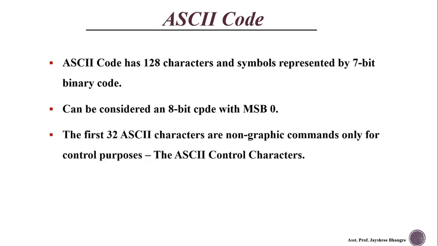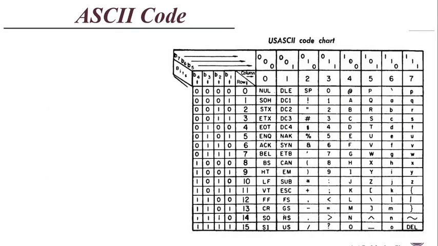In ASCII, the first 32 characters are non-graphic commands used only for control purposes, also called ASCII control characters. Null, line feed, start of text, space, escape. Here the table is given. These starting ones are non-graphic commands.